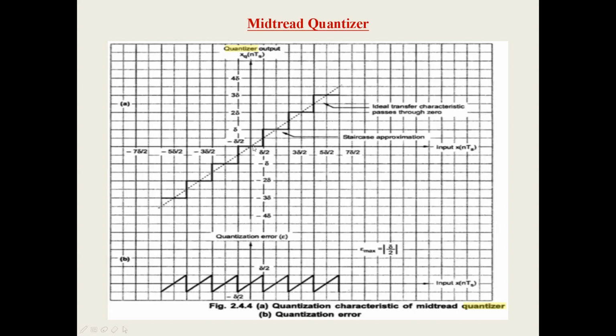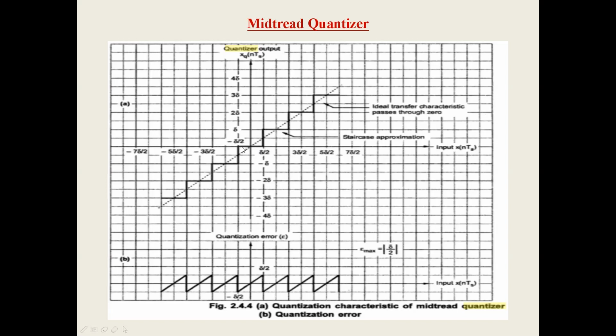But just at delta by 2, its value is delta. That means when the input is delta by 2, the output of the quantizer is plus delta, because on the y-axis we have delta.